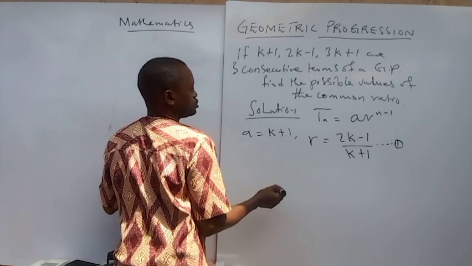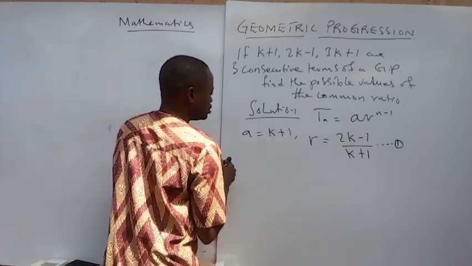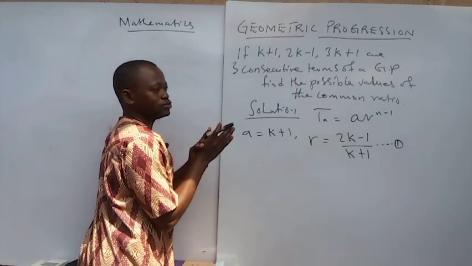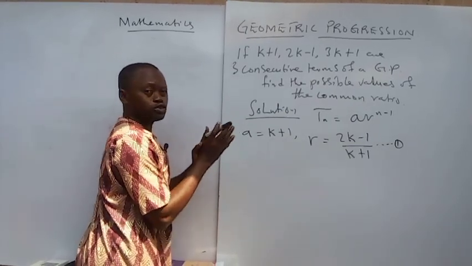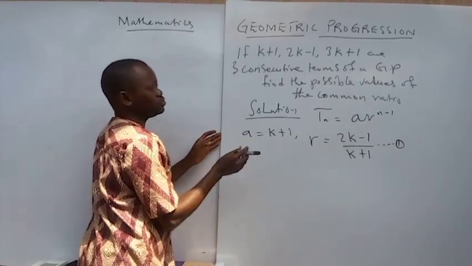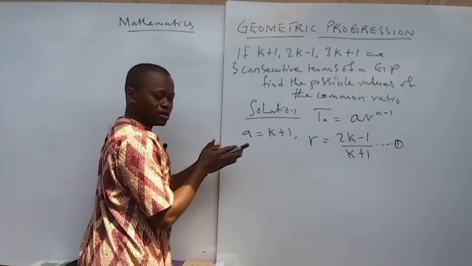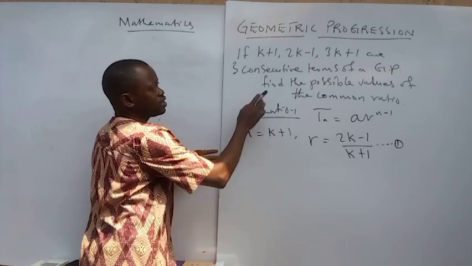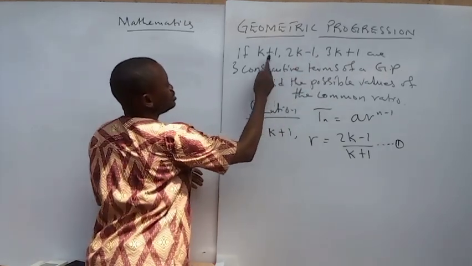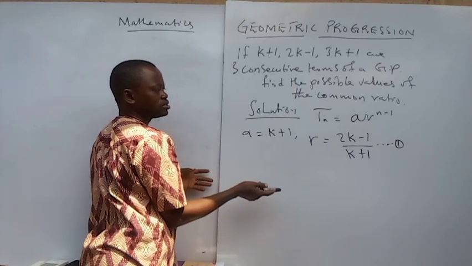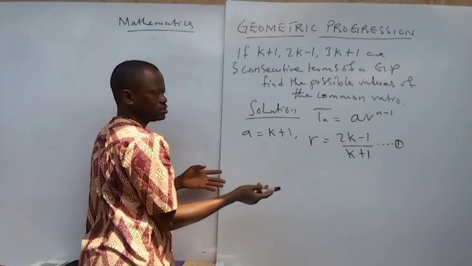Let it not be too fast. I keep on telling my students that in any mathematical problem, what you try to do is look for an access point to that problem. If you look at this question, the first term and common ratio are not even known, but there can be an access point.